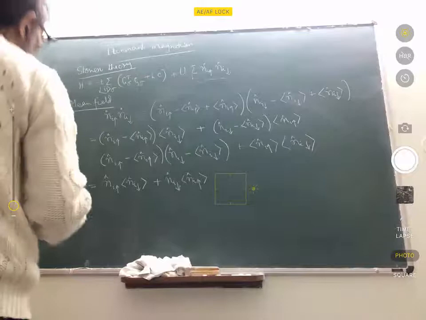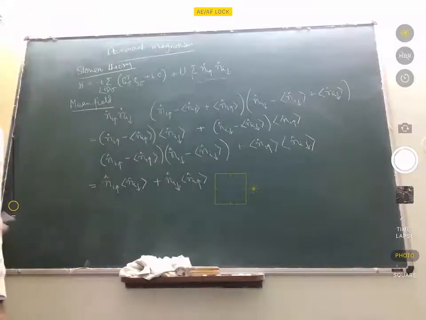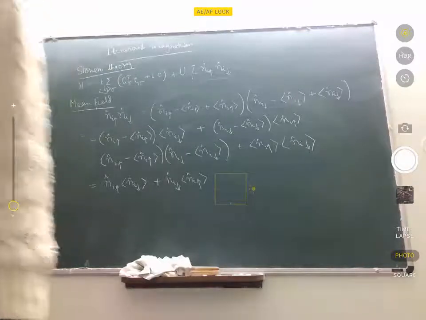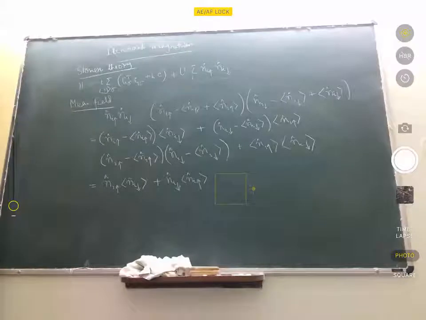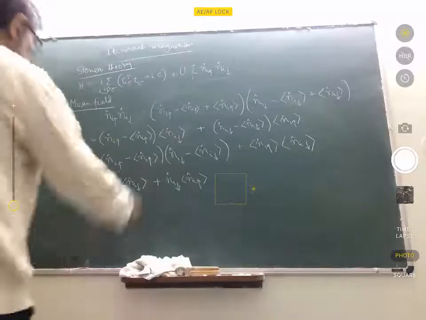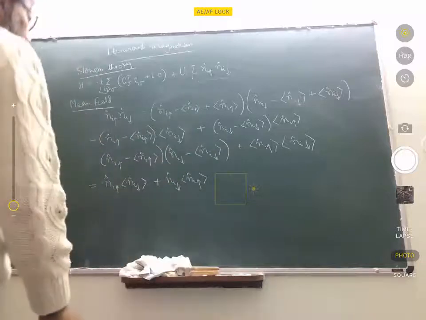If the fluctuations are small, the product of two fluctuations would be even smaller, so we will neglect that. That's the mean field approximation, that the fluctuations are small. I told you a little while earlier that mean field theories underestimate fluctuations, and here is an example. So we'll neglect that term.